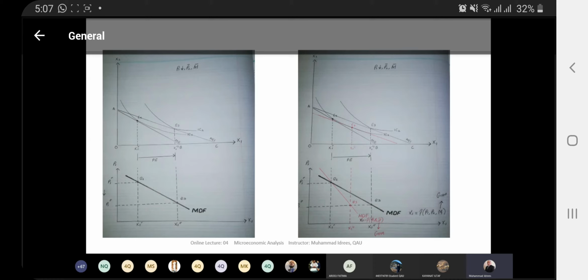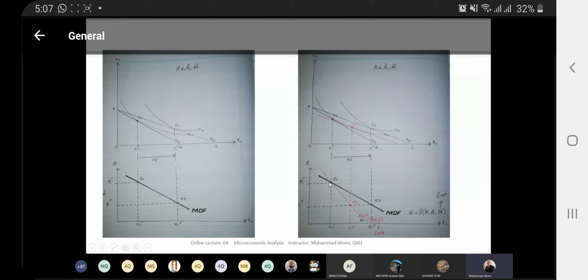expenditure minimizing demand function. Now look here in this diagram, just look at this particular segment. If this E3 point is somewhere here, for example, then it means that this X1 triple prime will be here, and you will get this type of Marshallian demand function.